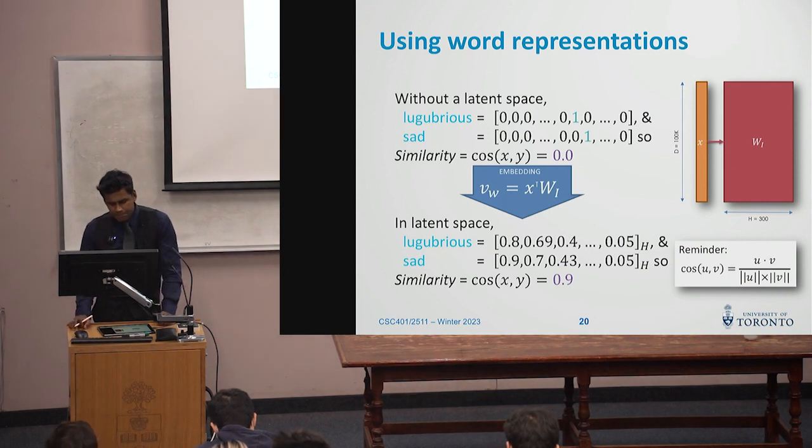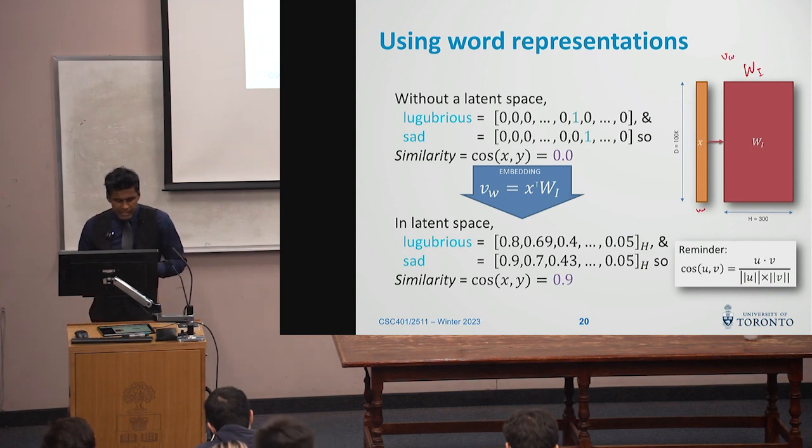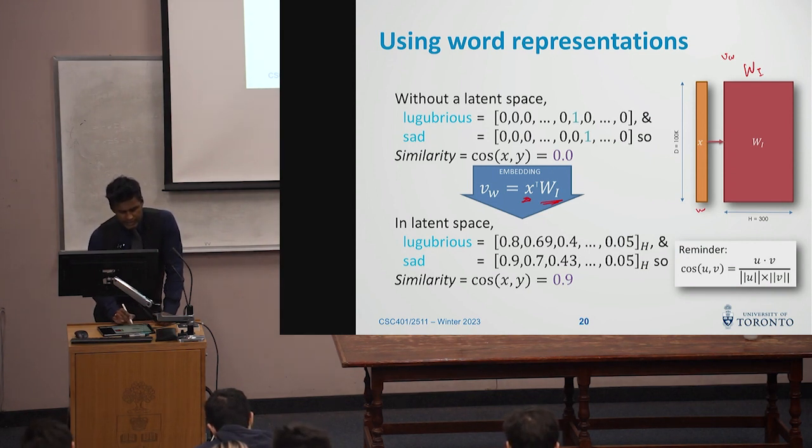So now, why do we need to get the vector embeddings? Why do we need VW, or why are we doing this multiplication? Why are we multiplying the one-hot encoding with the input embedding matrix? The reason is that if it's one-hot encoding, then we can't really capture the semantic similarity between two words. For example, using one-hot encoding, you have the two encodings of the words lugubrious and sad. And if you apply the cosine similarity function, which is on the bottom right for refreshing your memory, this just becomes 0.